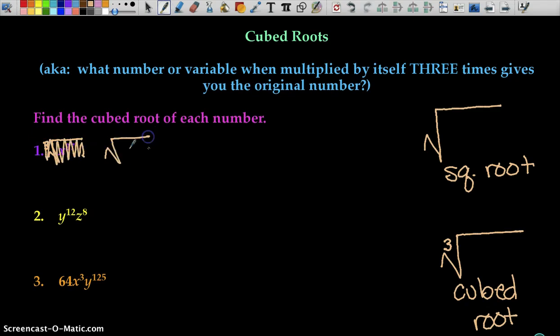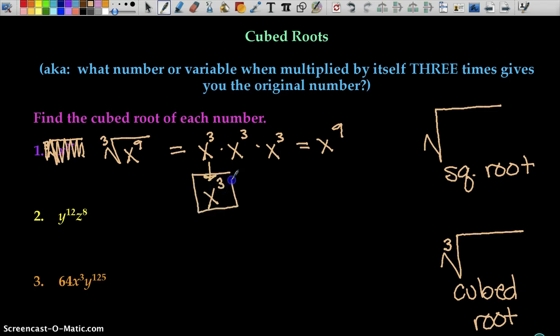I was supposed to make this x to the 9th. Okay, anyway, so when we're doing the cubed root, we know that x to the third times x to the third times x to the third, if you add those all together, that gives you x to the 9th. So that leaves you with the cubed root being x to the third.